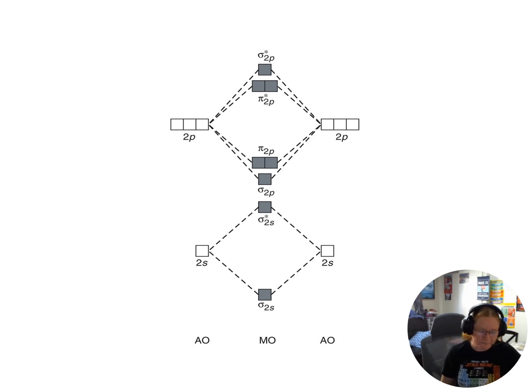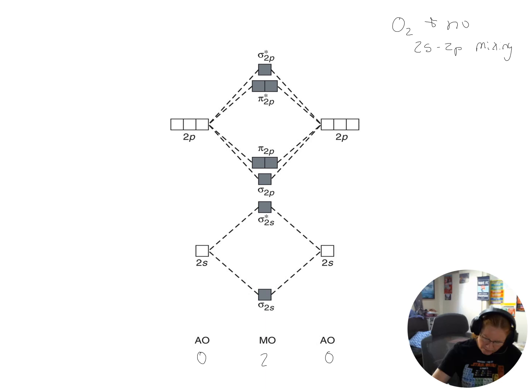Remember, oxygen is small, so for oxygen there is no 2s, 2p mixing. Now, if this is oxygen, and this is O2, my valence on oxygen is 2 in the 2s and 4 in the 2p.